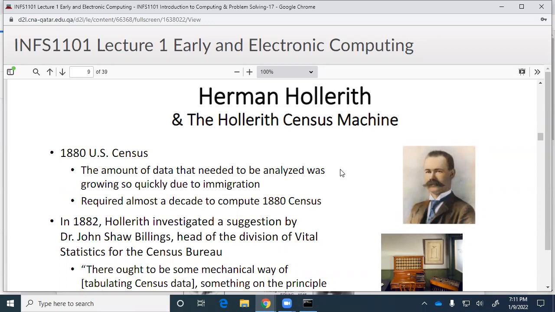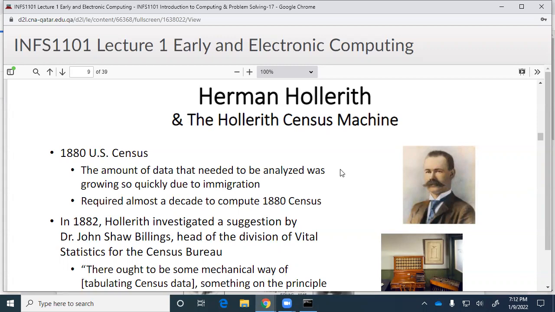And this guy here, Hollerith, he said, well, you know what? That Jacquard's Loom thing, they had these cards. You could grab information from these cards. Maybe we do something like that with our information from the census. So he used these cards to make this thing that he called the Hollerith machine. The IBM company was built around that idea, and they were able to shorten the time necessary to analyze the census data.